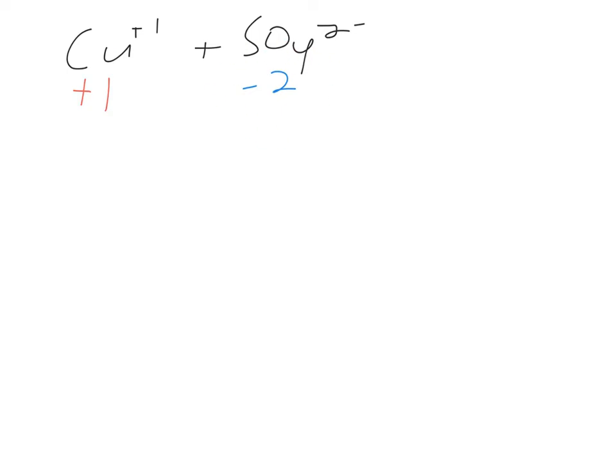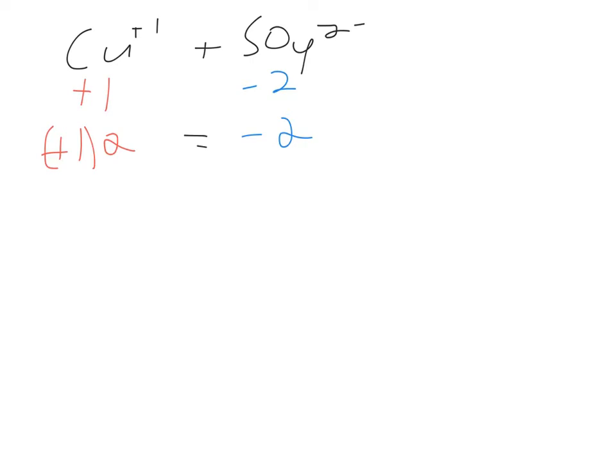So I have one positive per copper ion and two negatives per sulfate ion. So I choose the lowest common multiple. So I say there's a plus 1 here. If I have two of those, that will equal my minus 2 here. I have a plus 2 and a minus 2. At least they'll cancel each other out.